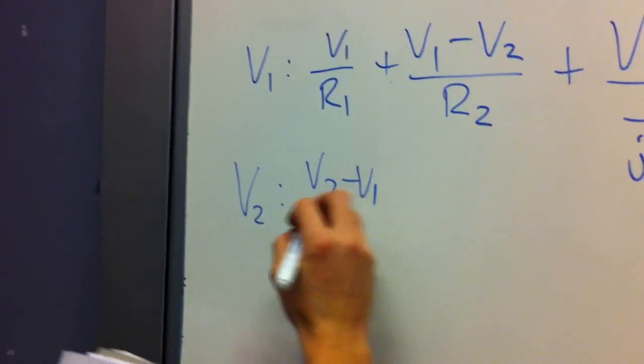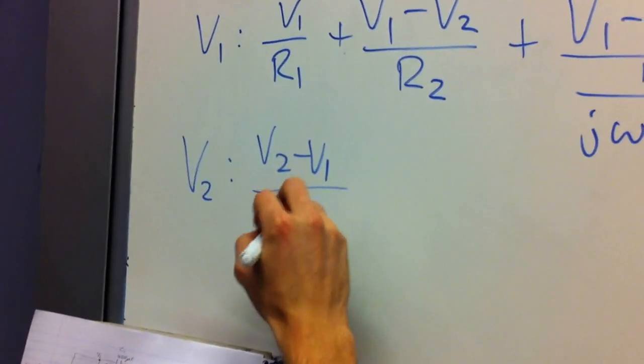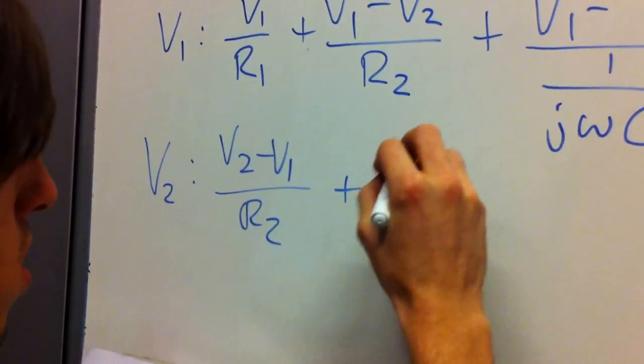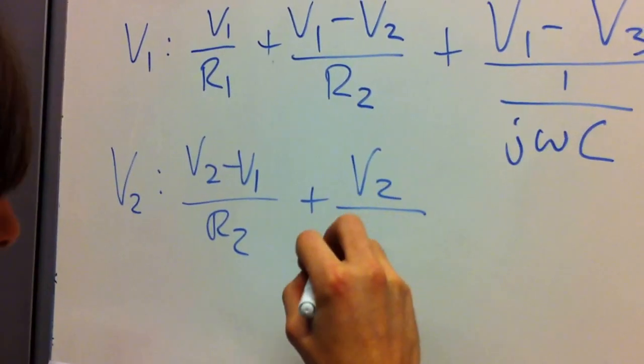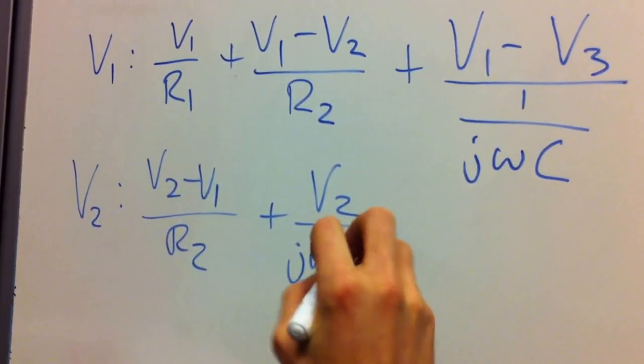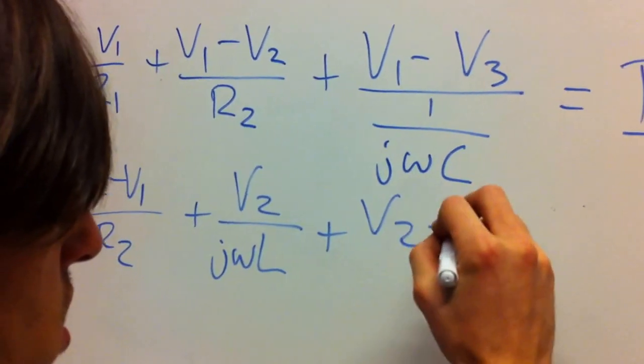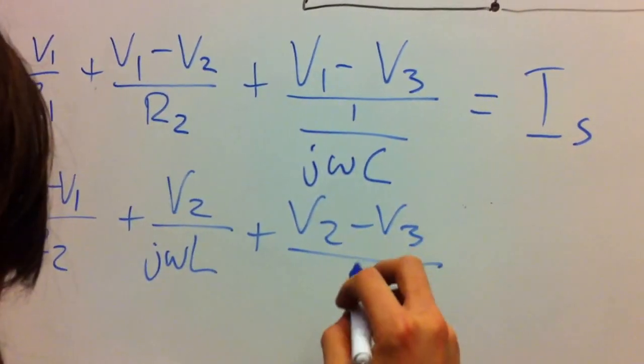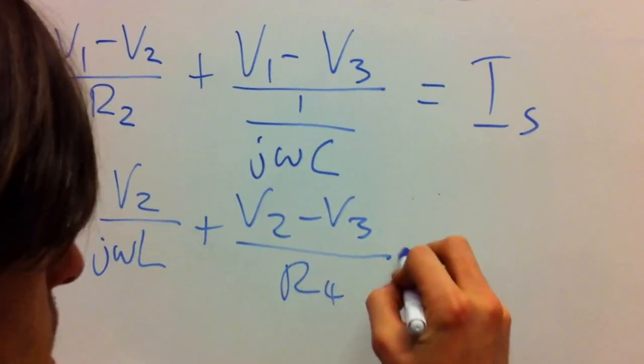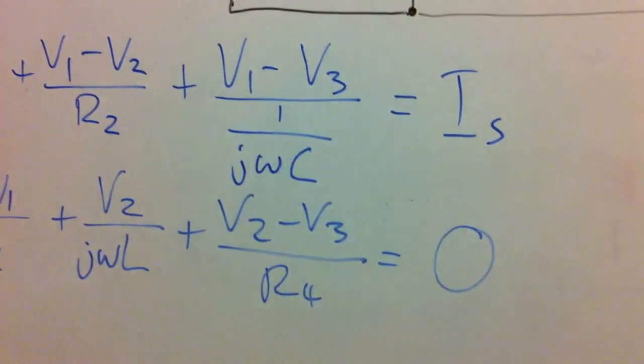V2 minus V1. Just to make it easy, can you put which node's what? Oh yeah, sorry. That's right.